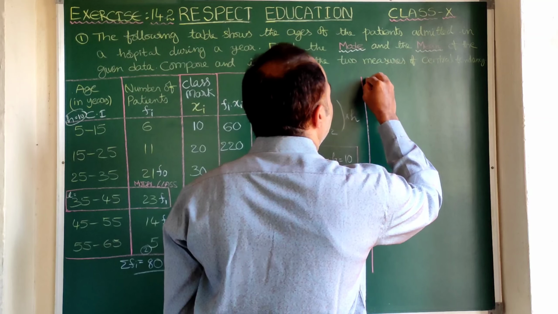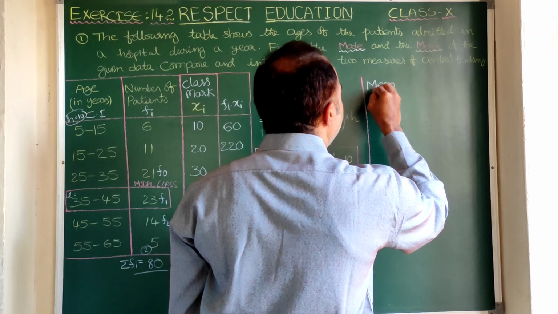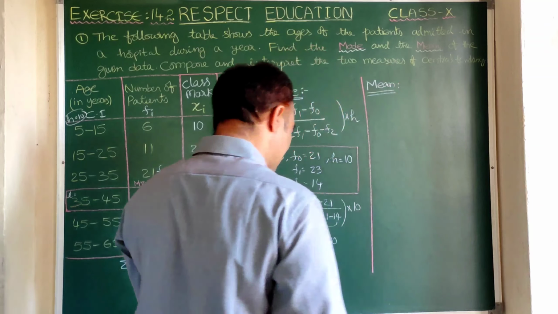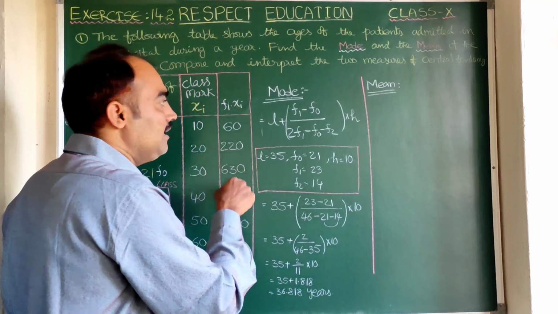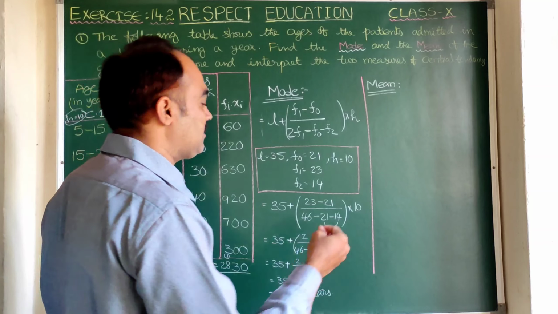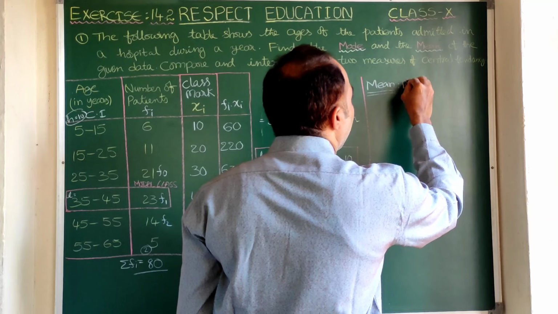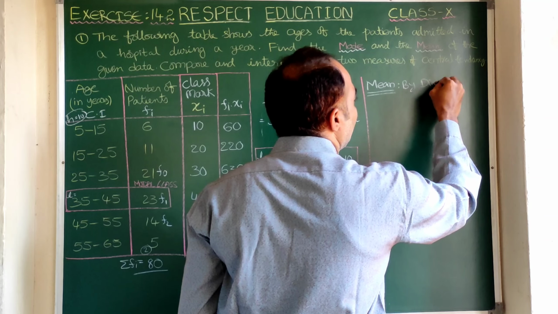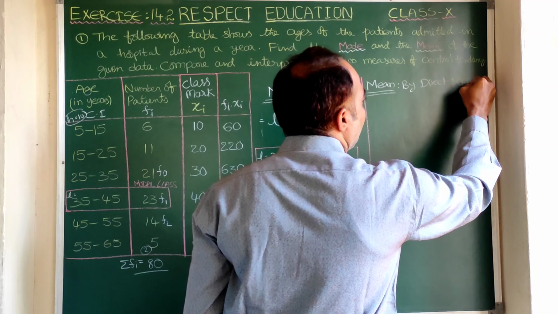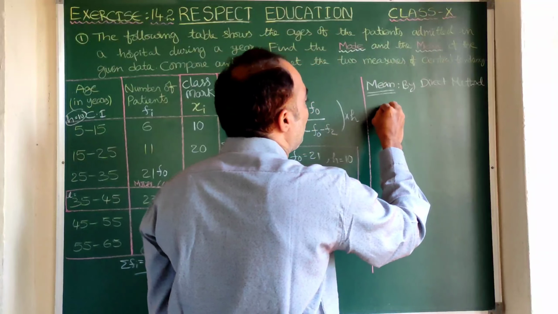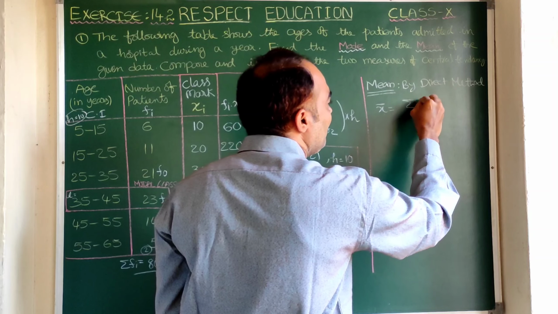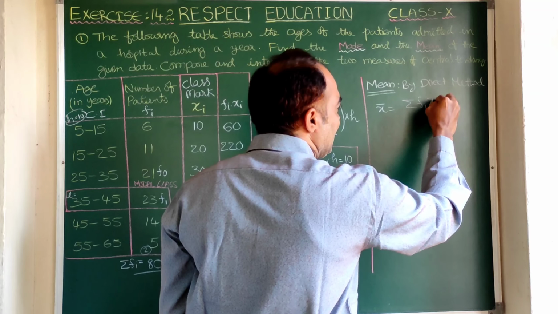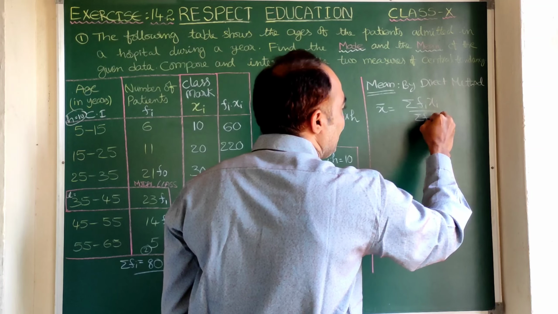Now here, for the mean we have already decided to find it by the direct method. So let us write the direct method formula. By the direct method, mean x bar is equal to sigma fi xi by sigma fi.